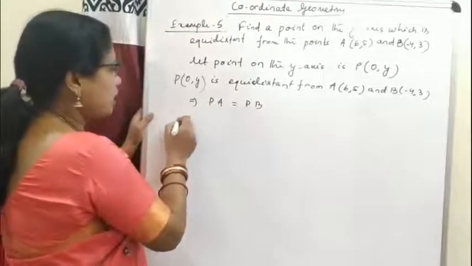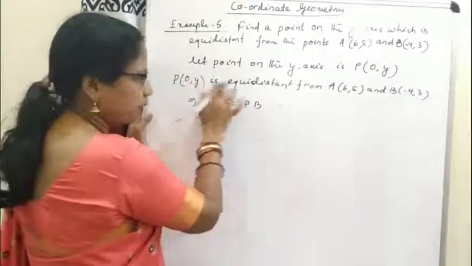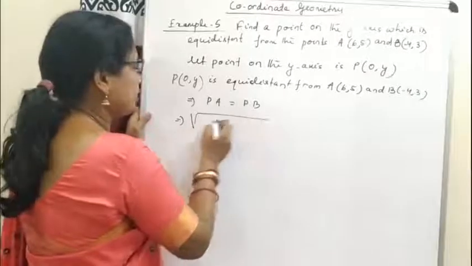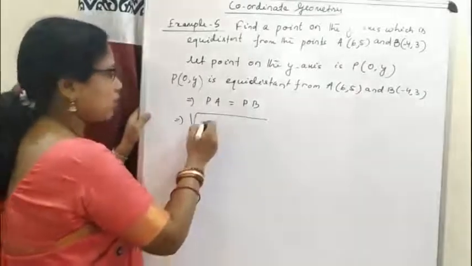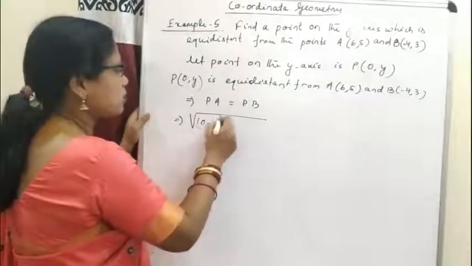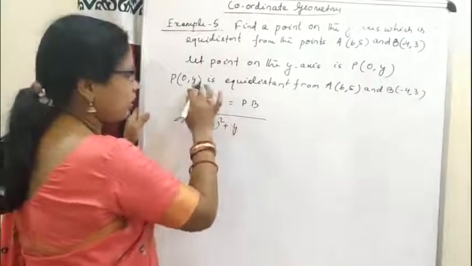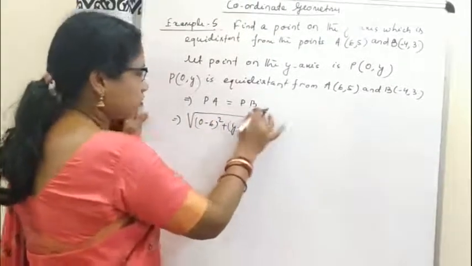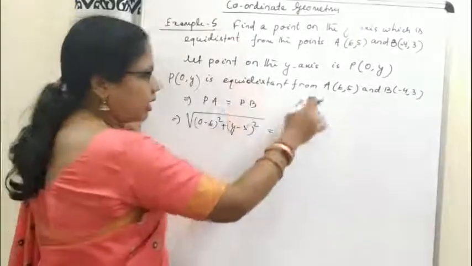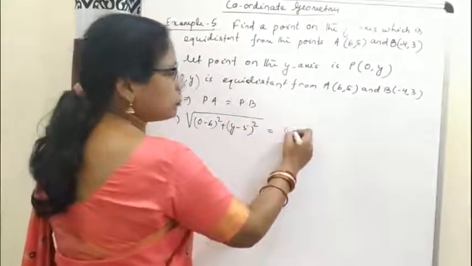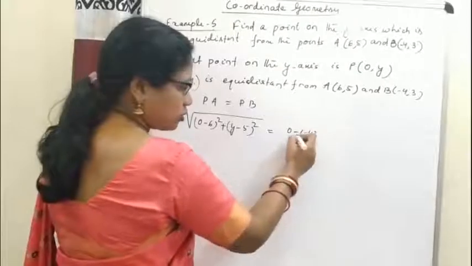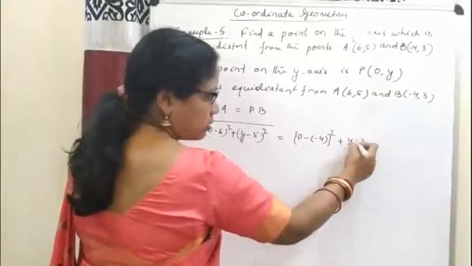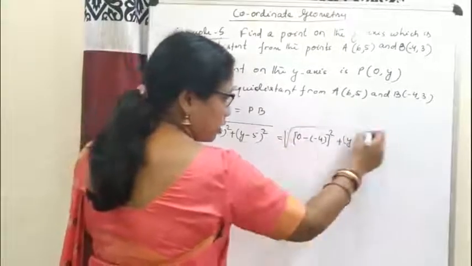What is PA? The distance between P and A. We find it by applying the formula: the square root of (0 minus 6) whole square plus (y minus 5) whole square is equal to PB, the distance between P and B, which is the square root of (0 minus 4) whole square plus (y minus 3) whole square.